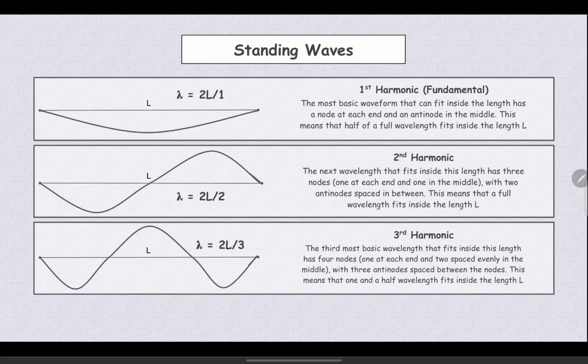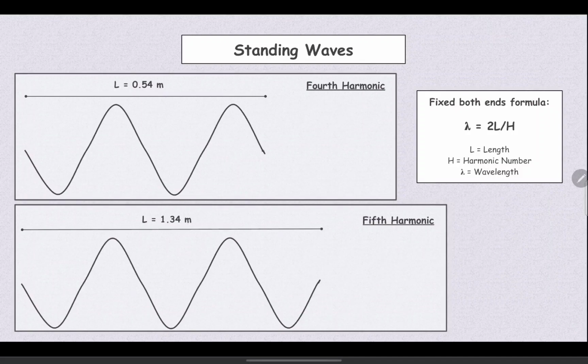And to have a look at how that will actually be used in an exam question, we'll move on to here. So we have the fourth harmonic here, with the length being 0.54. Now, we have this formula here: wavelength equals 2L over harmonic number.